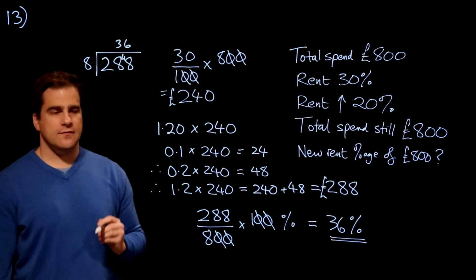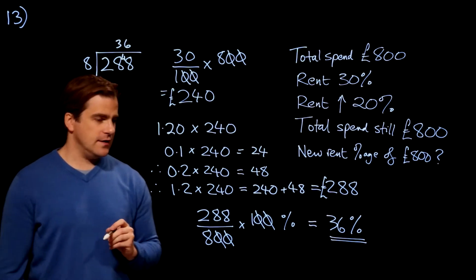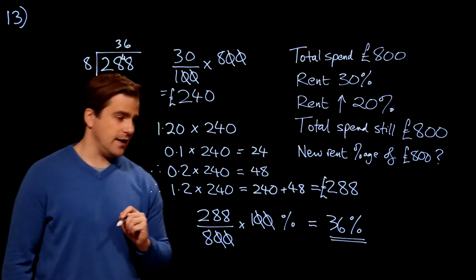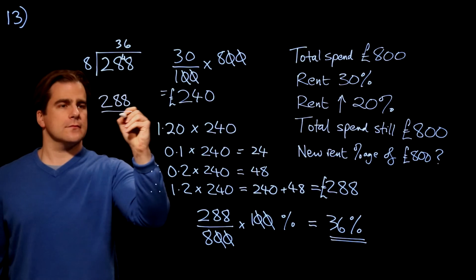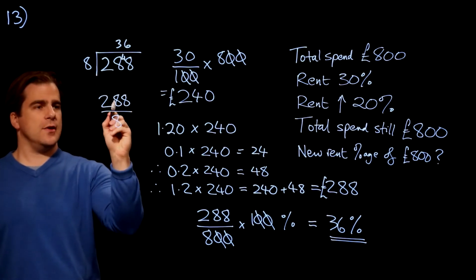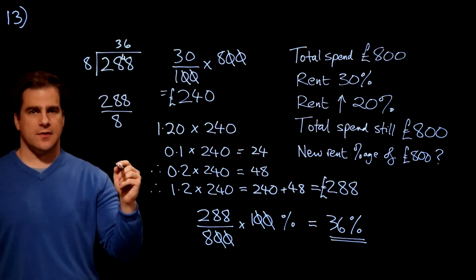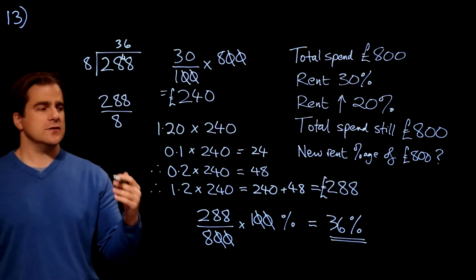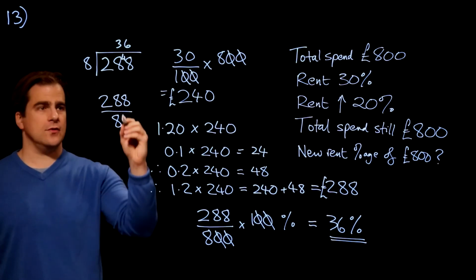If you don't like doing division that way, another way you can do it is like this. We've got 288 divided by 8. You can notice that they're both even. It's always a good idea if you've got something divided by something else and you have to simplify, just always check if they're both even, because if so, you can divide both of them by 2.